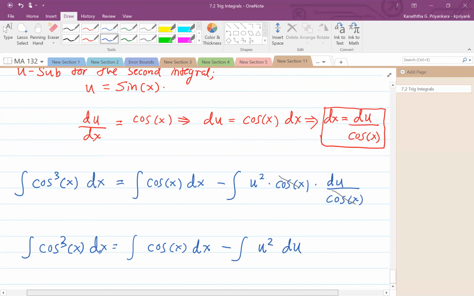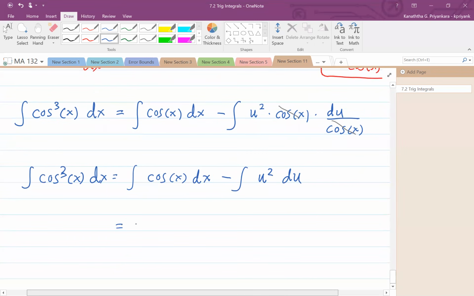Now we know the antiderivative of cosine x is sine x. So this would be sine x minus, we know the antiderivative of u squared, which is u to the power 3 over 3, and we have to add some constant.